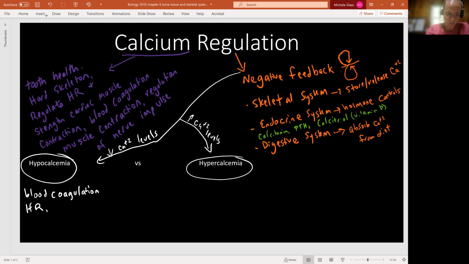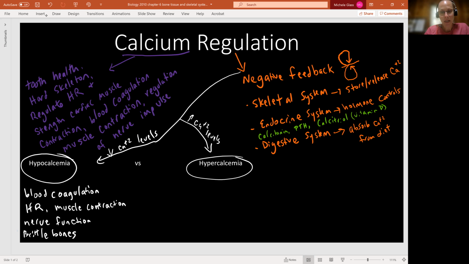We're going to have effects in muscle contraction, nerve function. And then we're going to have brittle bones, meaning that our bones are not hard the way they should be. And so they can just snap and fracture very easily.